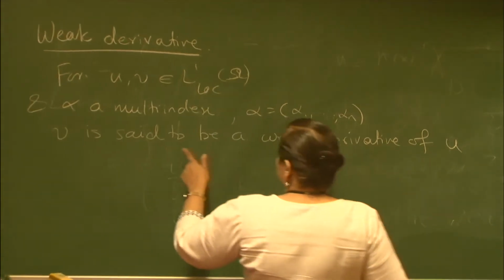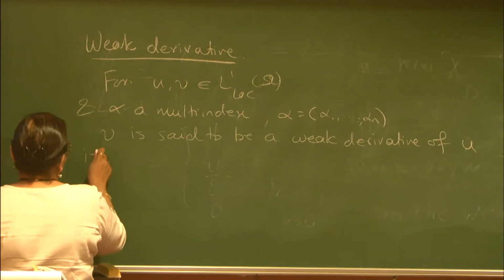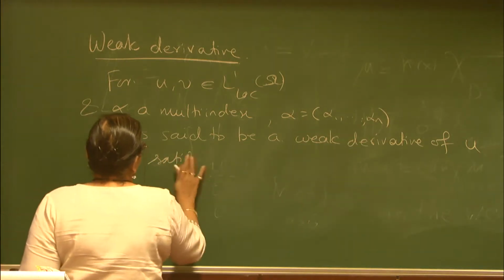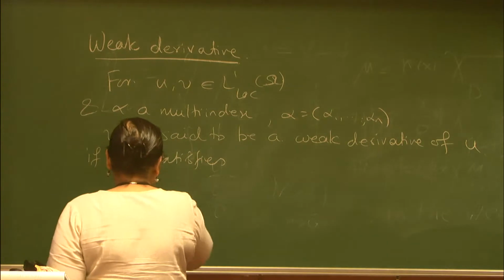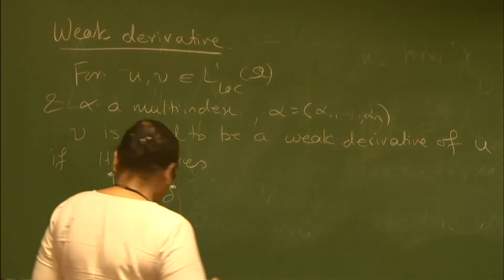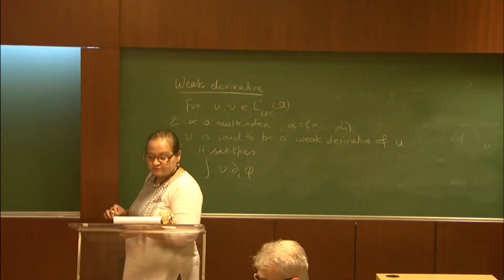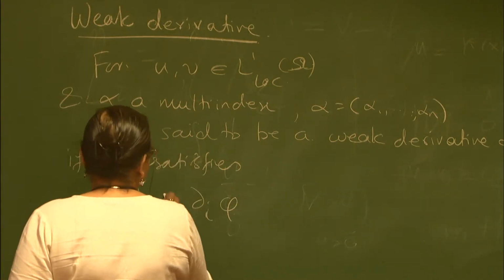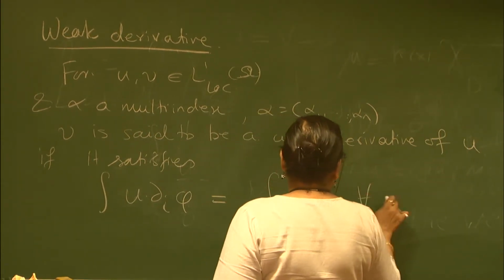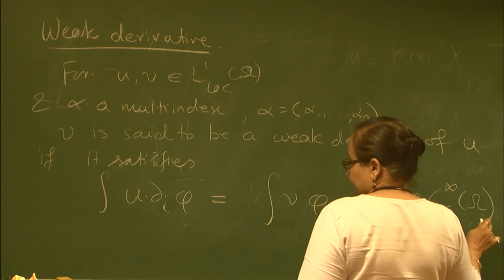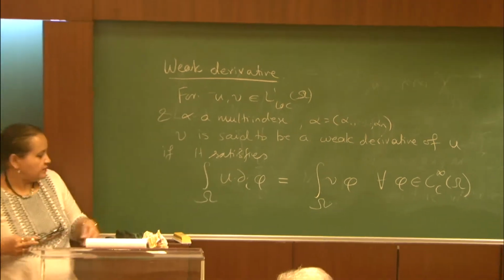So here a function v is said to be the weak derivative of u. I will just give the first derivative. If it satisfies the integral equality.